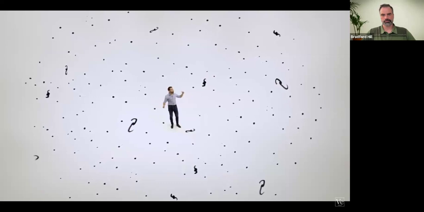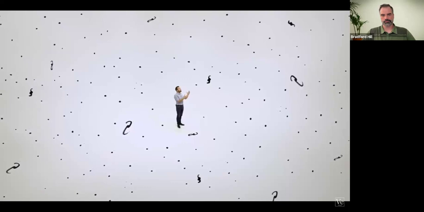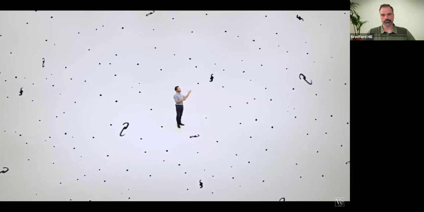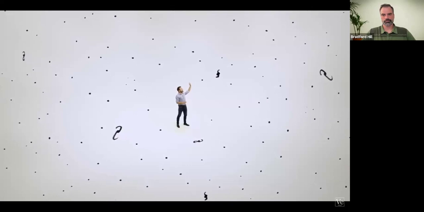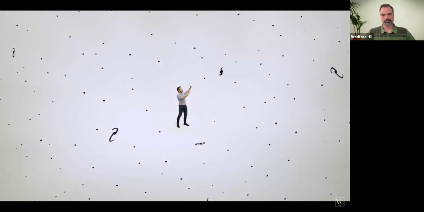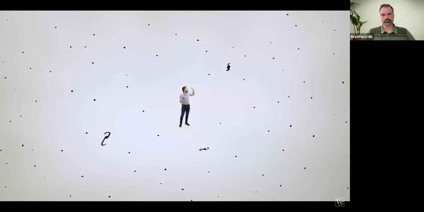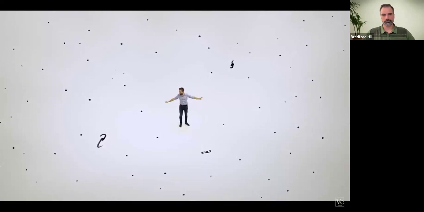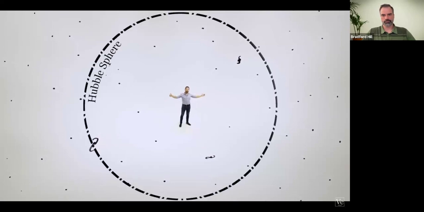The further out in space he looked, the faster the objects were moving away from us. So imagine a point so far out there that the average recession velocity is the speed of light. I mean, if you think about it, it's going to be the same distance in every direction. So that would form a sphere, which we call the Hubble sphere. Everything beyond that sphere is moving away from us faster than the speed of light.